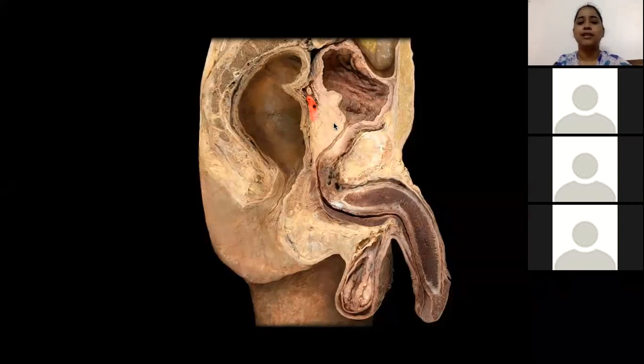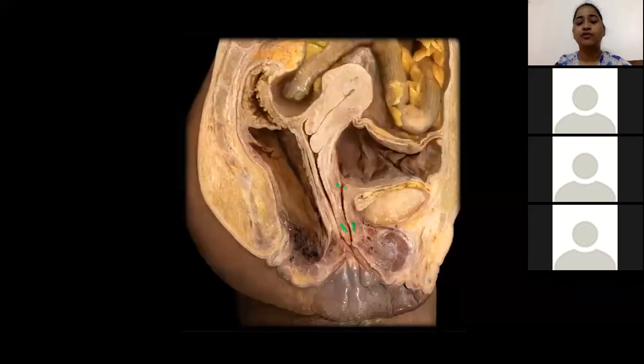You can easily understand. Now the next point to remember is that between the bladder and the rectum you will see the uterus in the case of the female. See here, this is the rectum, this is the bladder. The vaginal cavity is very long and collapsed, not dilated. The rectum is dilated, but the vaginal cavity is collapsed.